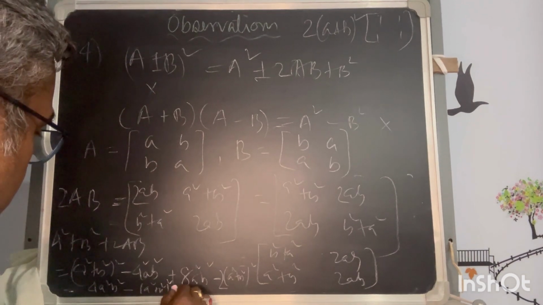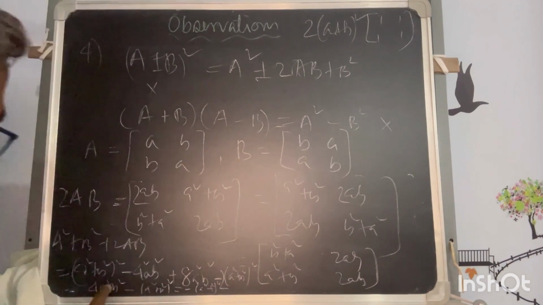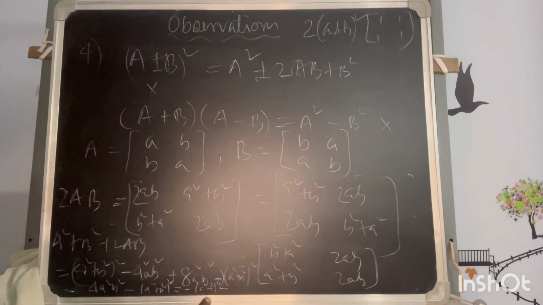So if I take common, this will be minus A square minus B square whole square, 4AB is a minus, so this will be the ultimate answer.